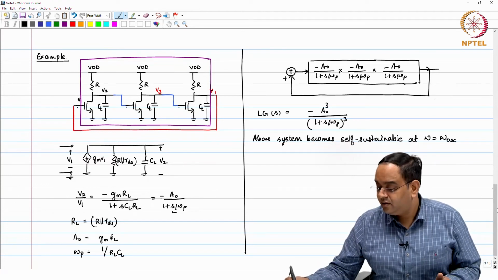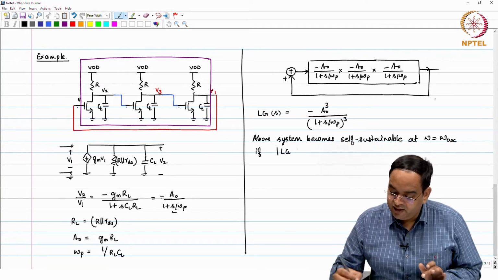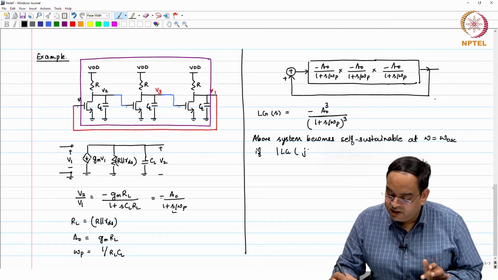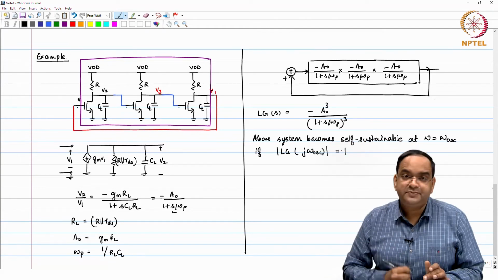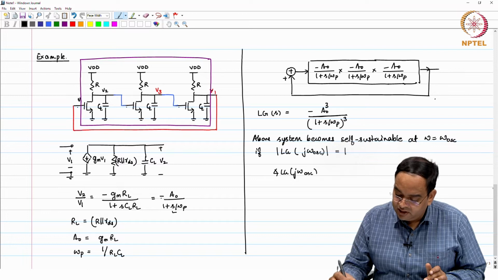Let me write it. If modulus of loop gain at j omega oscillation is equal to 1 and angle of loop gain at j omega oscillation is equal to 2k pi.